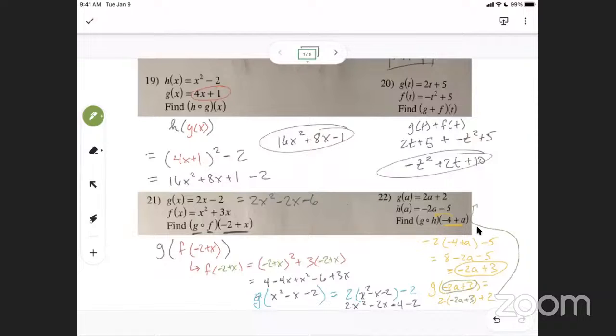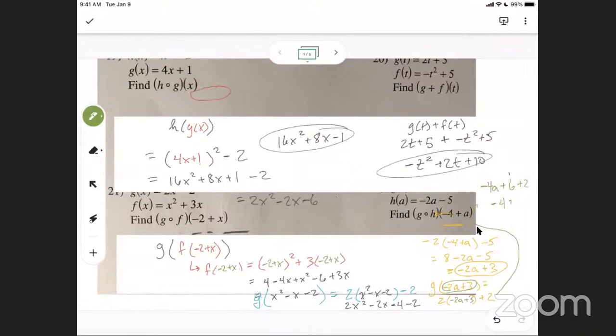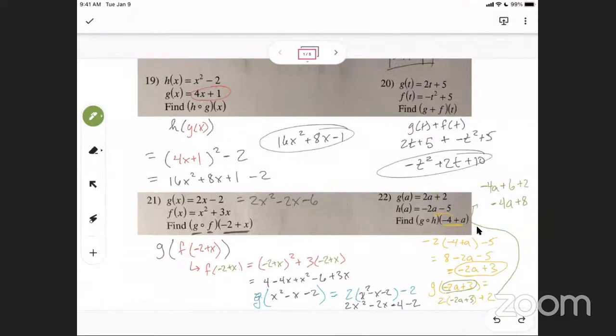That's going to be negative 4a plus 6. You following me? Plus 2, which is negative 4a plus 8. Did you do that or did I? I did that, I accidentally hit my iPad. Oh, okay. Negative 4a plus 8, and there's your answer.